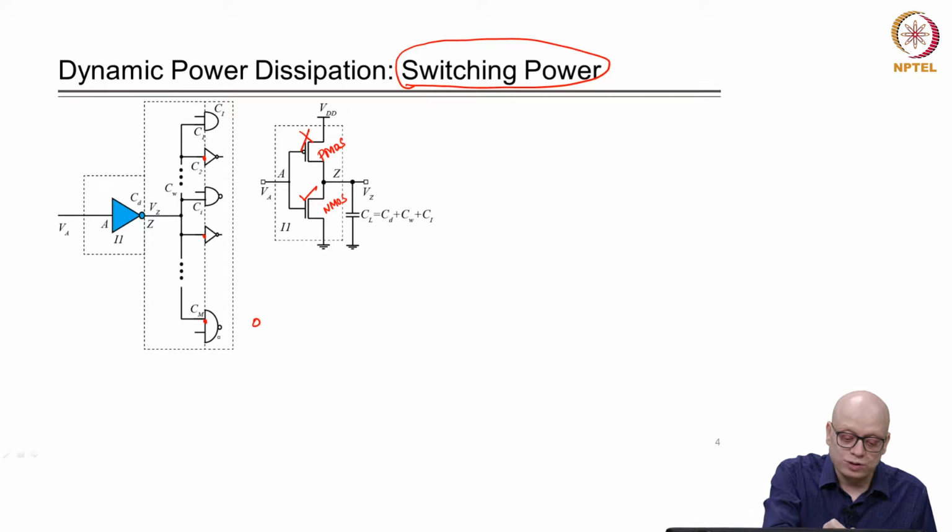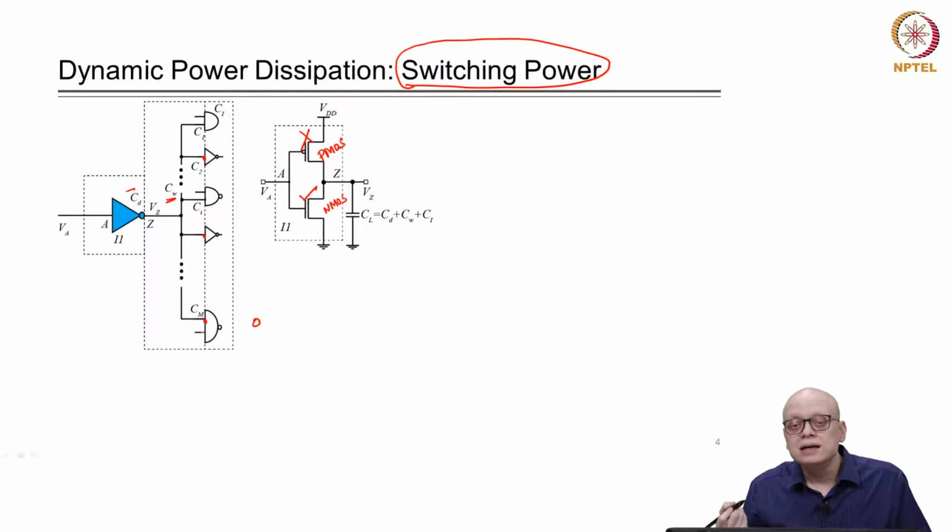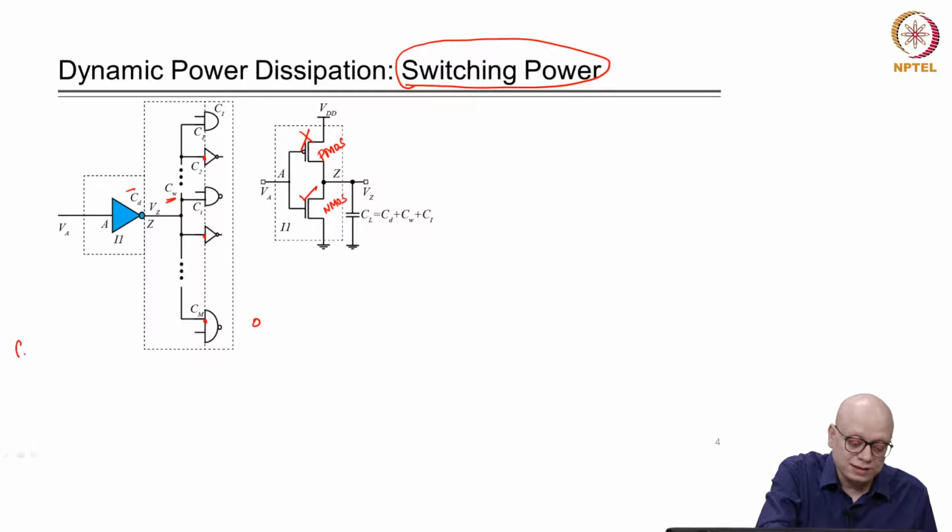And if we consider all the load capacitances, there were 3 components: one is CD, then Cw and all the pin loads, right. So, let us assume that the combined effect of all these pin loads is Ci. Let us define Ci equal to the summation of Ci, i equals 1 to m. There are m loads.